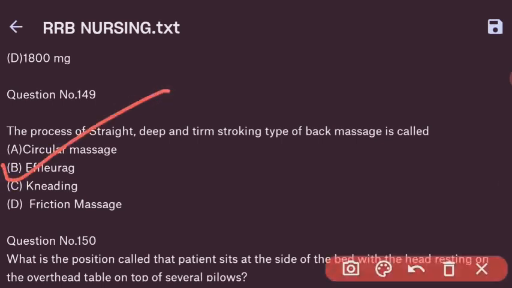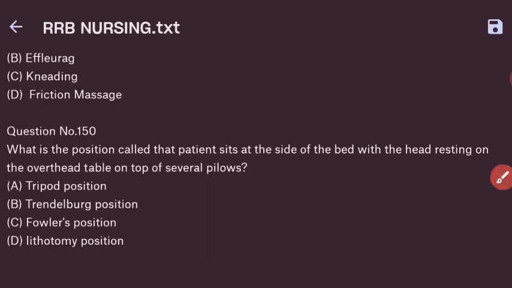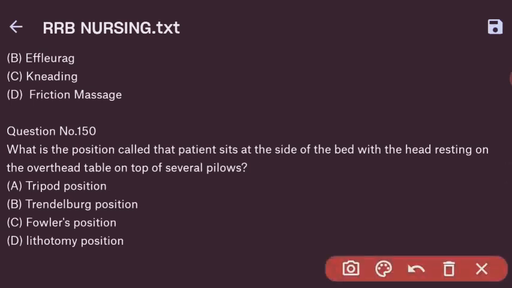B is the right answer. Then the last question of today's series. What is the position called in which the patient sits at the side of the bed with the head resting on an overhead table on top of several pillows? This is the description of the tripod position.